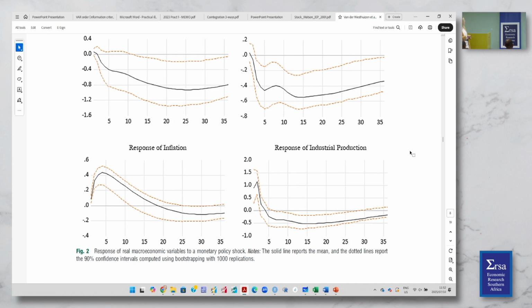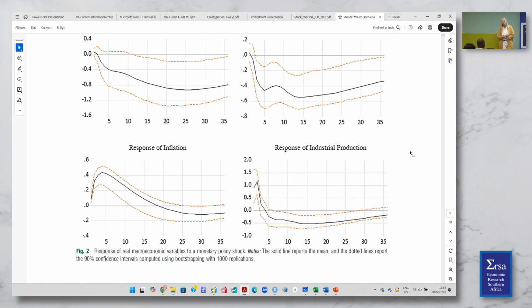Inflation, this again shows the price puzzle, but it brings inflation down significantly for up to 12 quarters. Or is this monthly? This may be monthly. I just have to check. But we have the data. And then higher interest rates are also not great for output. The only limitation, I think this is monthly data.